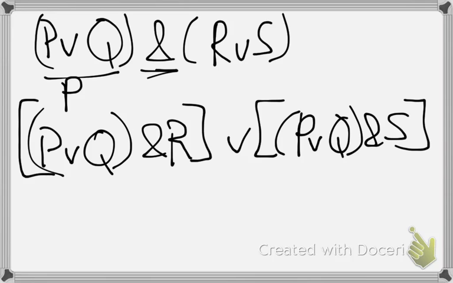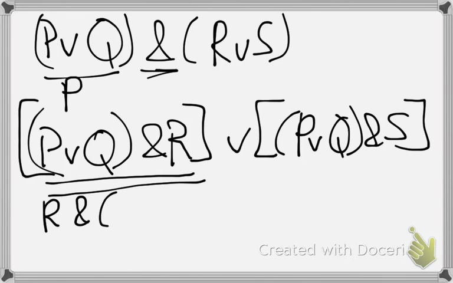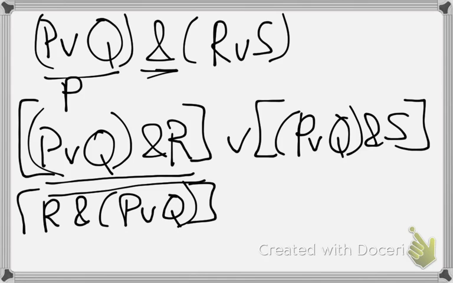S. And now we could actually do distribution inside this formula. If we did, we'd need to do commutation first. So we need to first go R and P or Q. Let's just do it on one side.